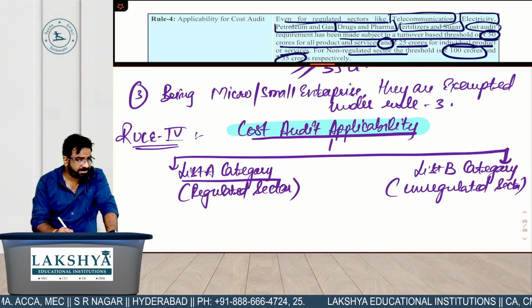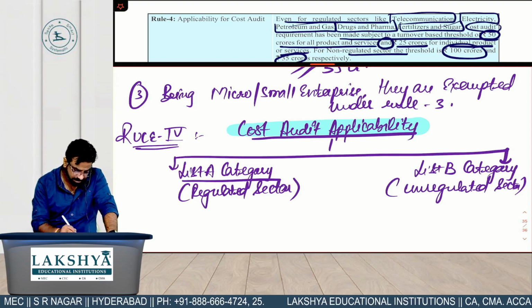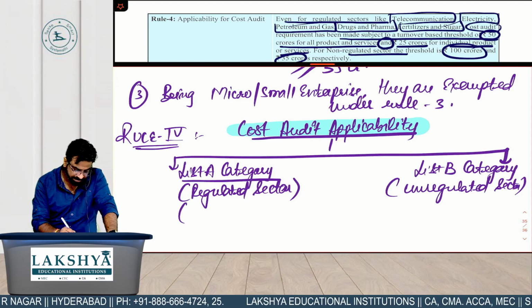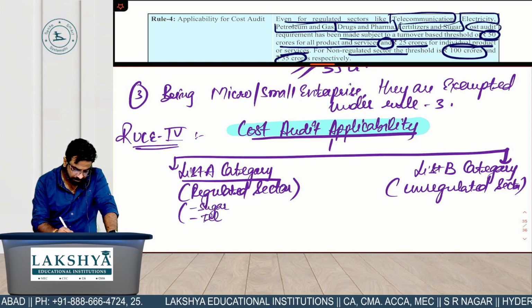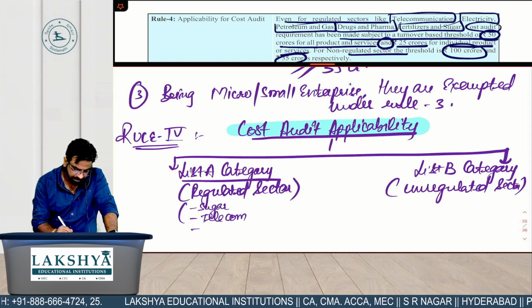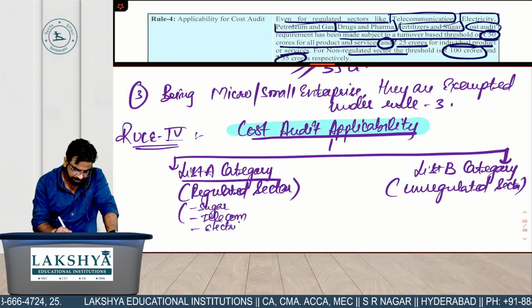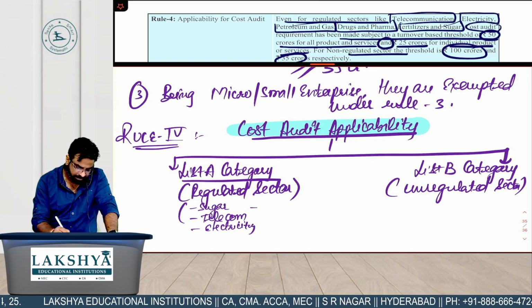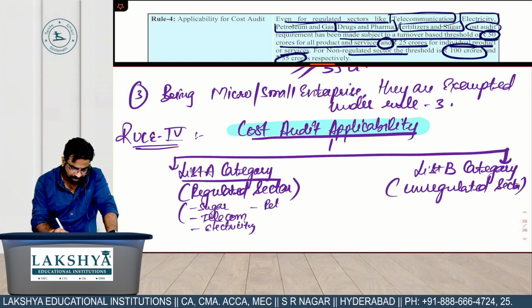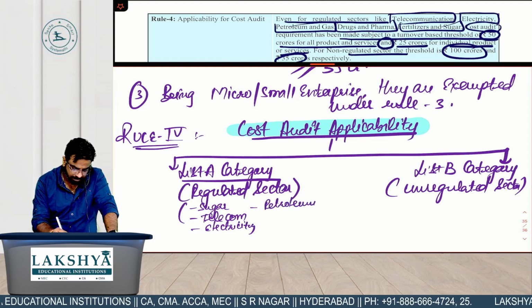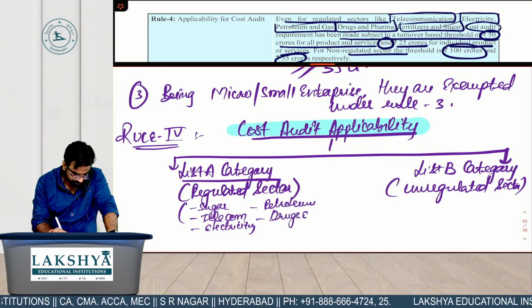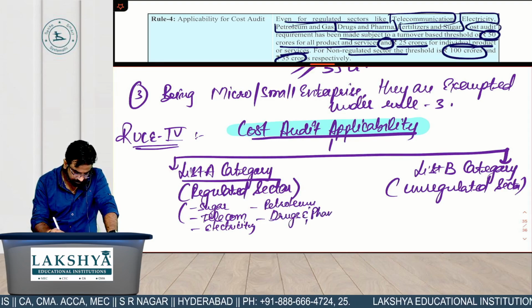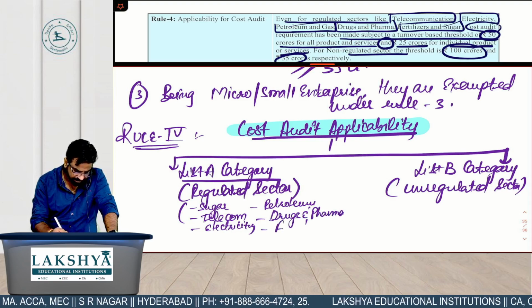Under that, what are the 6 regulated sectors? First sugar, telecom, electricity, petroleum, right? And then drugs and pharma and fertilizers and pesticides.